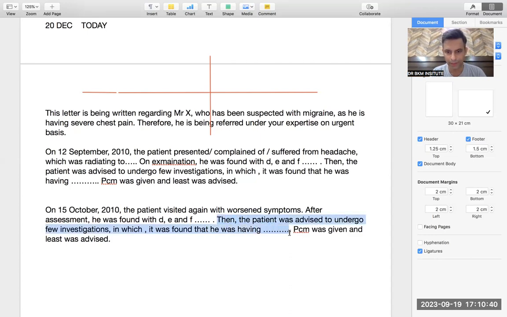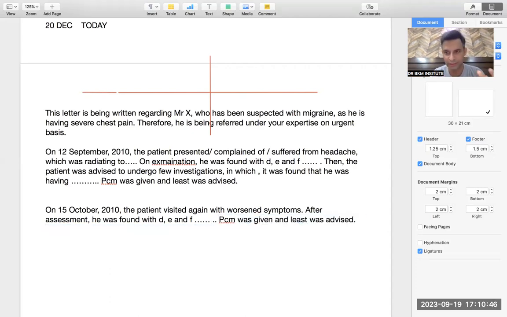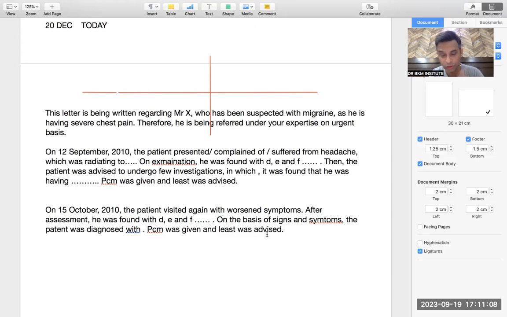So again, if investigations are given or whatever is given, suppose if the diagnosis is given. So say signs, symptoms. After that, now on the basis of signs and symptoms, the patient was diagnosed with, suppose diagnosis was done in this visit, or maybe if it is given in the question mark, that means the patient was suspected with.